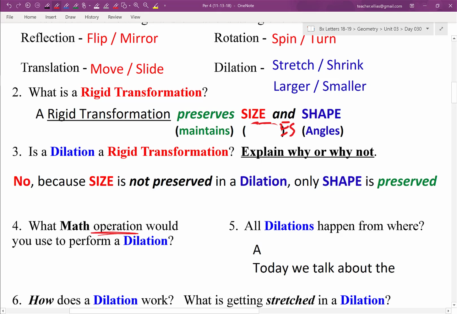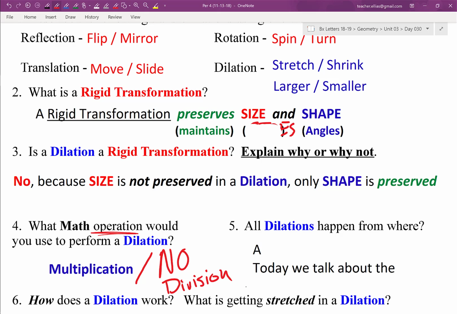What math operation is a dilation? Someone else. Multiplication. Thank you for that, because you're preempting my next question.